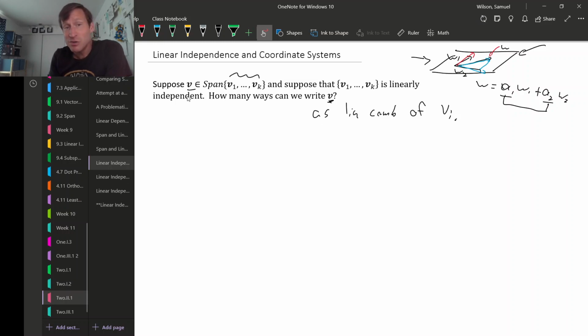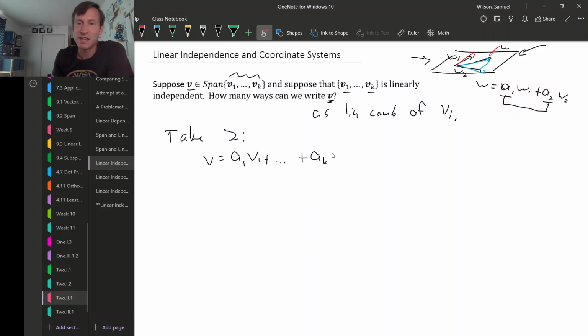All right, so let's suppose we have a vector in this span. How many ways can we write this vector as a linear combination of v1 through vk? Well, let's take two ways. Suppose that v is a1 v1 plus dot dot dot ak vk.